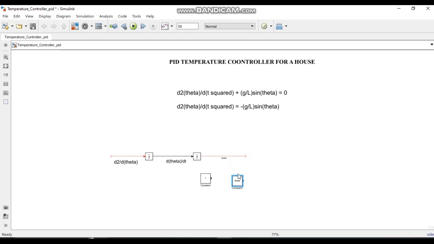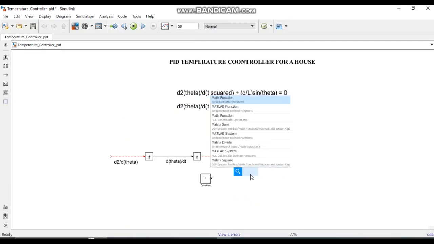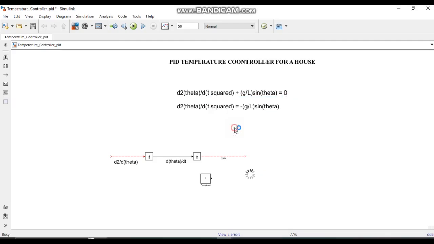Actually, as you can see, theta is already here, so let's delete this. However, we want to use a MATLAB function that takes in theta and outputs sine theta, right? Let's wait while it's loading. There we have it, right?